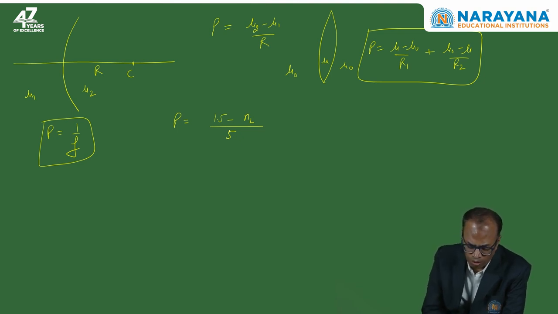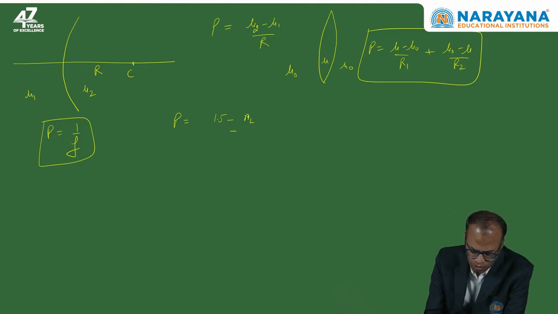So it is 1.5 minus NL divided by 20 centimeter, so I multiply this with 100. And then the second one is, this is R1, right? And then the second one is mu naught, this is NL minus mu1, 1.5 divided by R2. R2 will be minus 20 by 100.